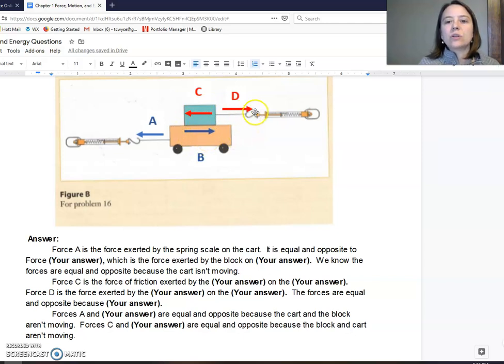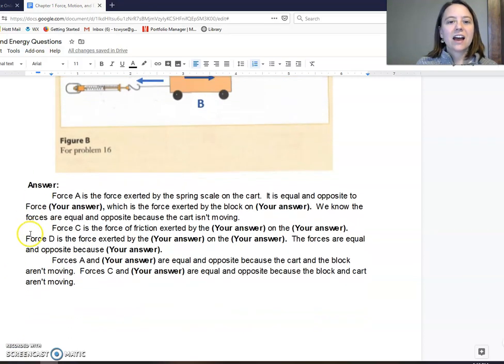Then we have force D, which is this way, which is the force of the spring scale on the block. And finally we have force C, which is going this way, and it is the force of friction from the cart on the block.